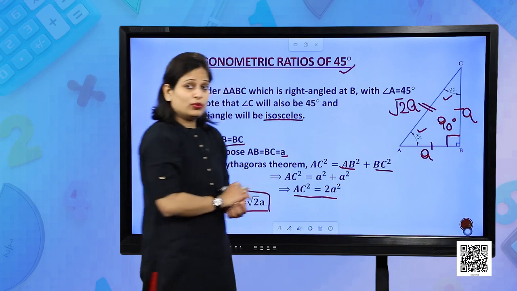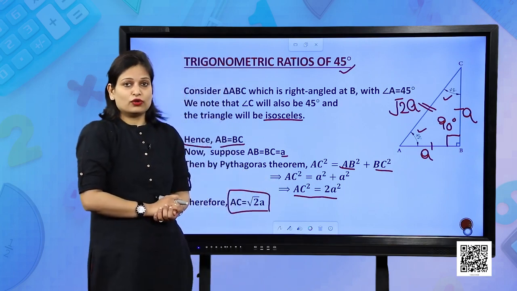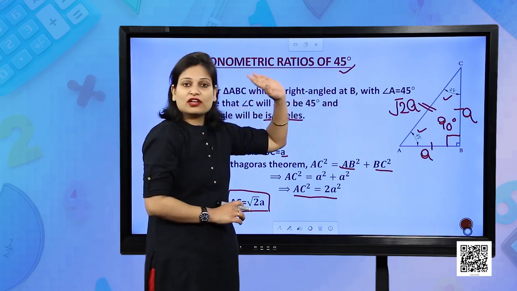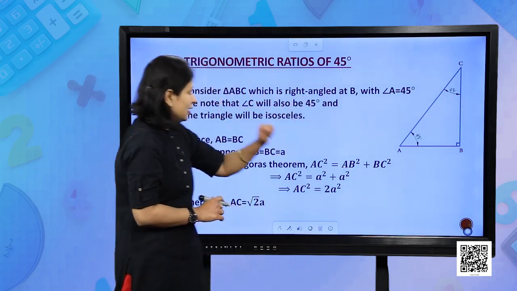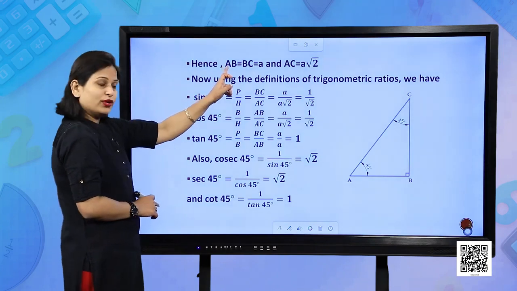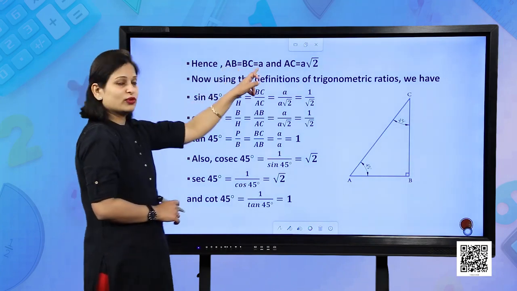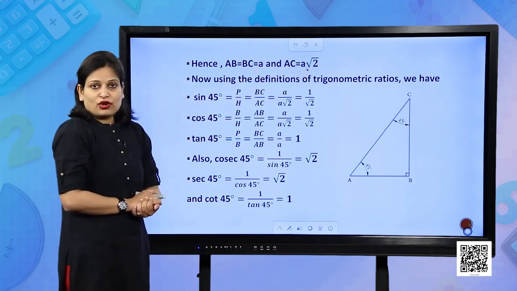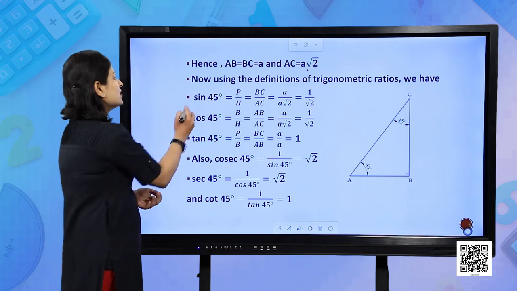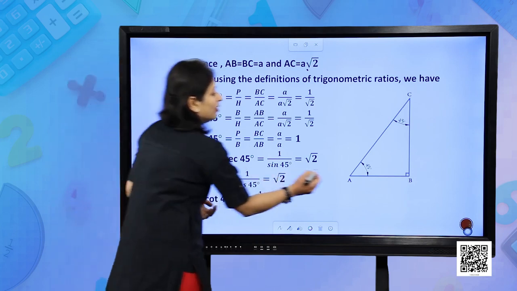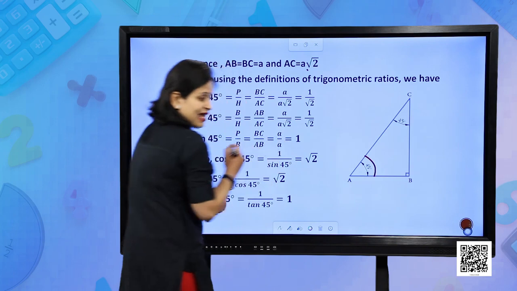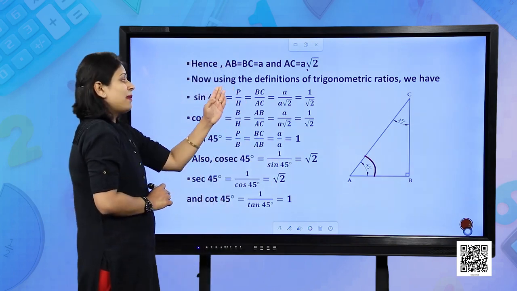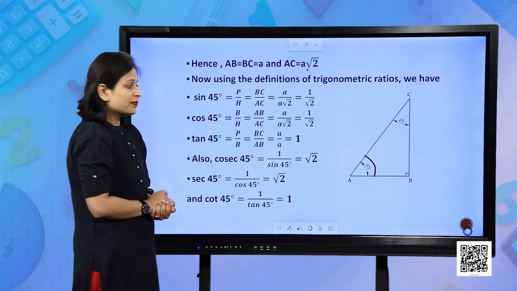Now, you need to calculate the value of trigonometric ratios with respect to angle A which is 45 degree. See, as I told you, AB, BC both are A, AC is A root 2. Now, apply the definition of trigonometric ratio. Sin 45 degree. 45 degree means angle A, we need to consider angle A. This is perpendicular upon hypotenuse.